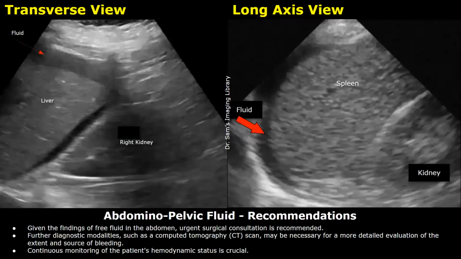Given the findings of free fluid in the abdomen, urgent surgical consultation is recommended. Further diagnostic modalities such as CT scan may be necessary for a more detailed evaluation of the extent and source of bleeding. Continuous monitoring of patient's hemodynamic status is crucial.